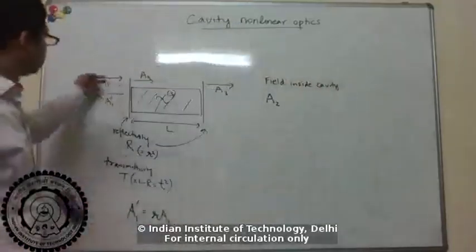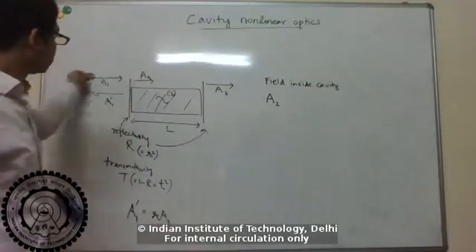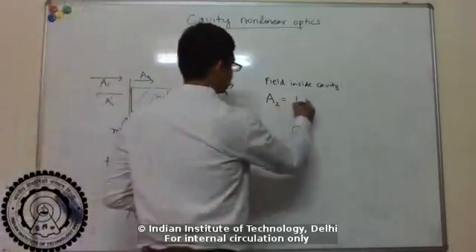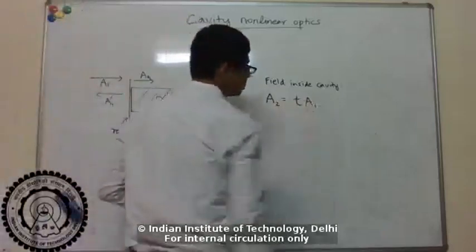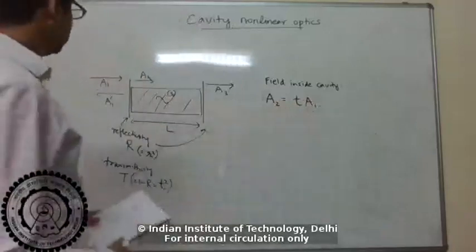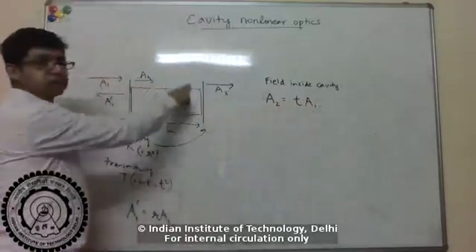Of course, it has a portion which is just a transmitted portion of my input field, right? That's t times A1, plus this field is also circulating in the cavity, right?